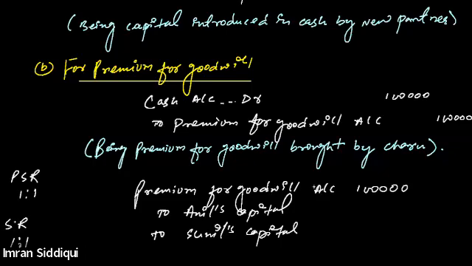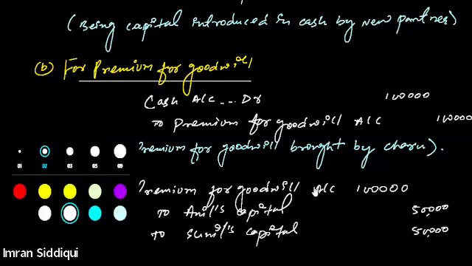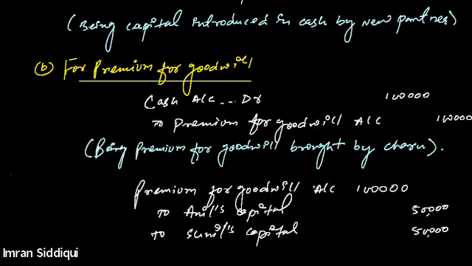So we can simply distribute 1 lakh equally between Anil and Sunil. You can also determine their sacrificing ratio by preparing a separate working note, but since I already know it is going to remain the same, I just distributed it equally.